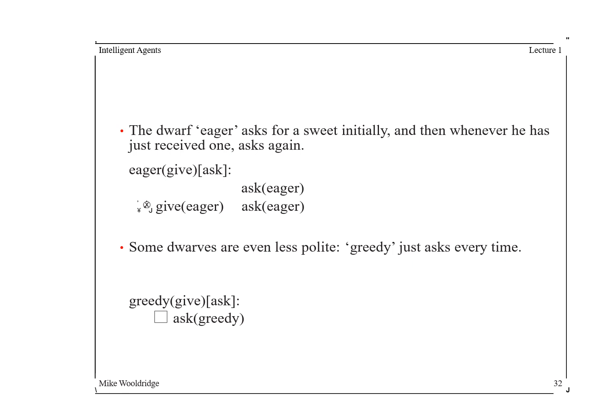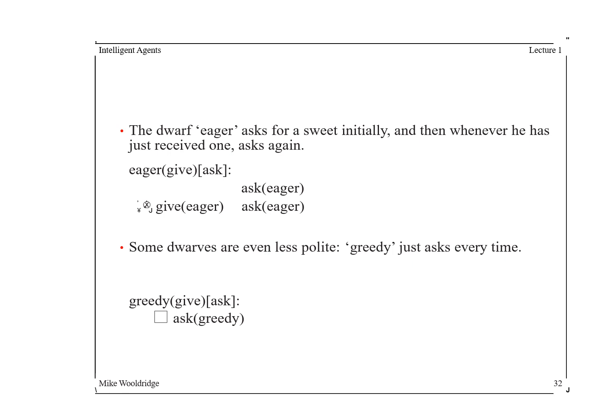So it's like the eager dwarf, which is the agent, asks for sweets initially, and whenever he has just received one, he asks again.